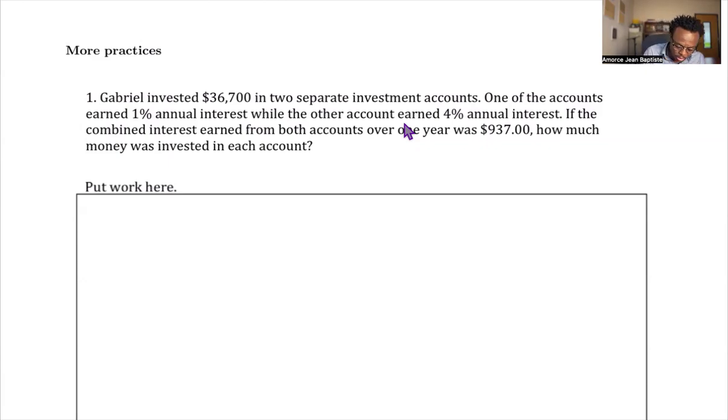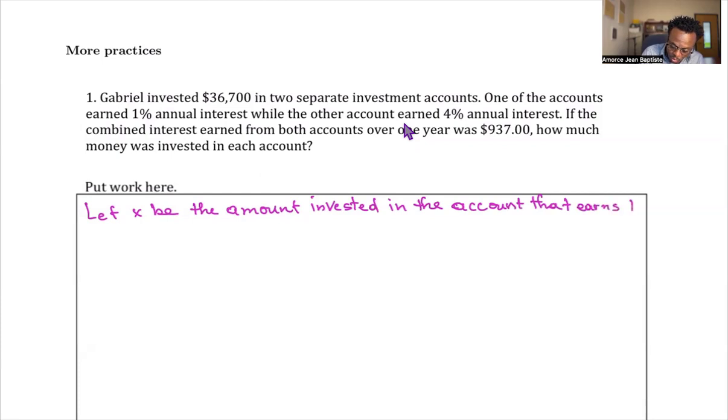So I'm going to call the first one X. Let X be the amount invested in the account that earns 1% per year. And then Y is the amount invested in the account earning 4% per year.